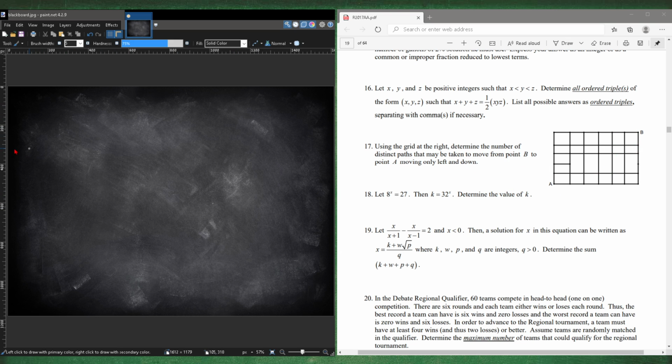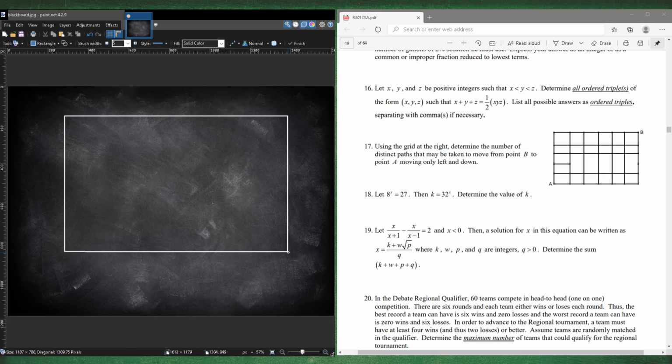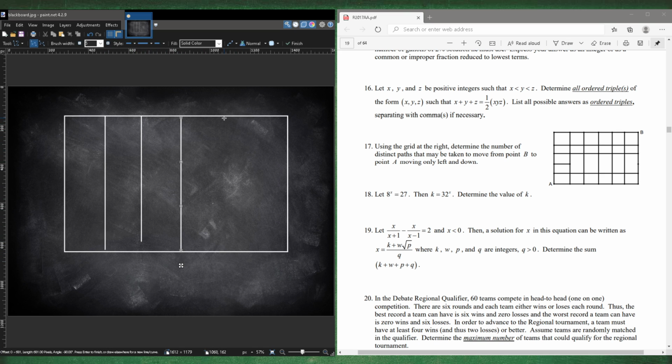Okay, so let's draw this. I don't know how to copy and paste, so I'm just going to draw this again. So this is a 2, 4, 6, and then 2, 4, 5. So it's a 6 by 5. 1, 2, 3, 4, 5, 6.